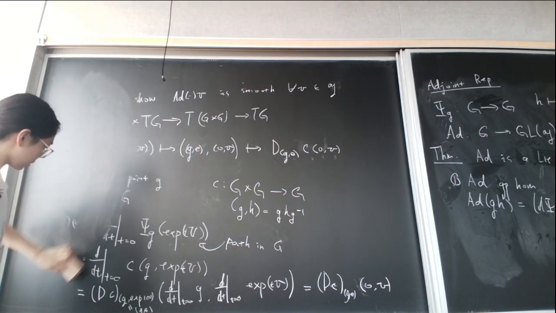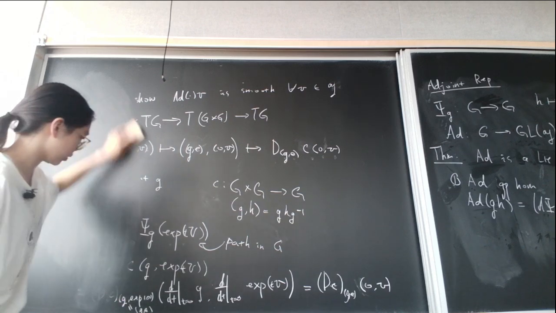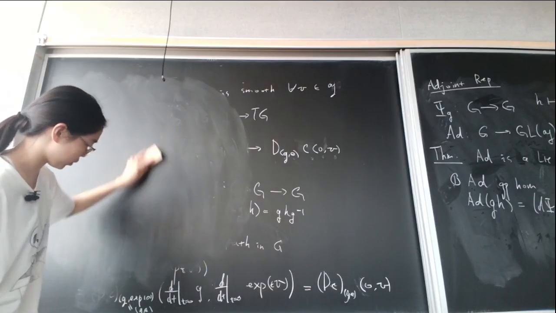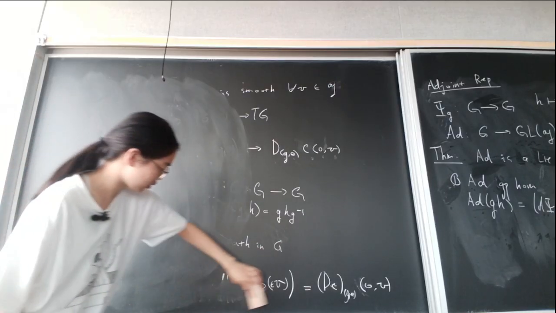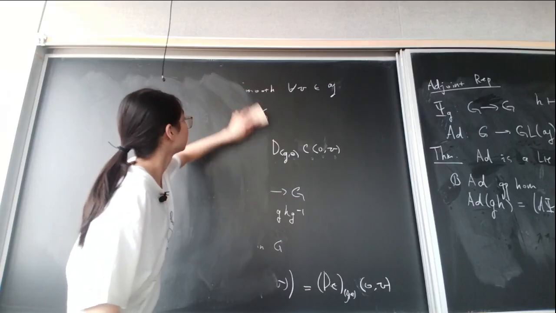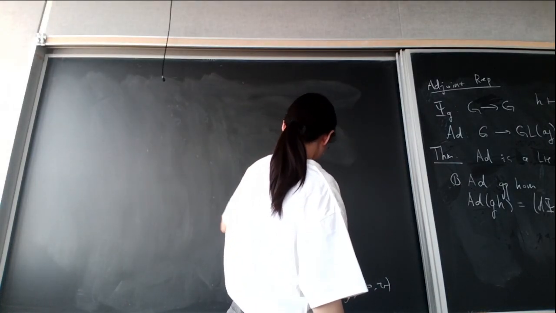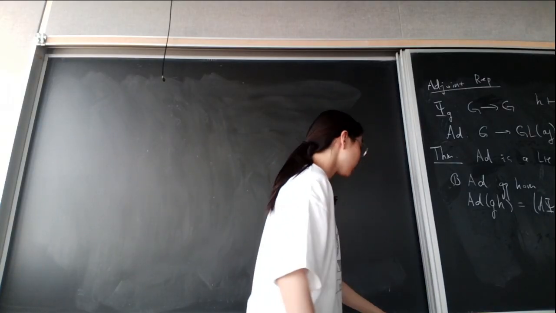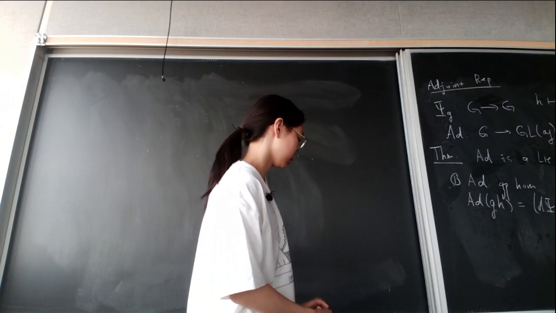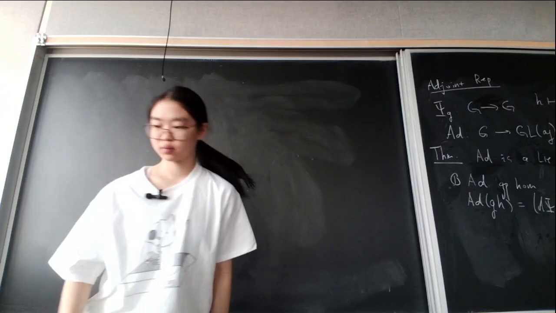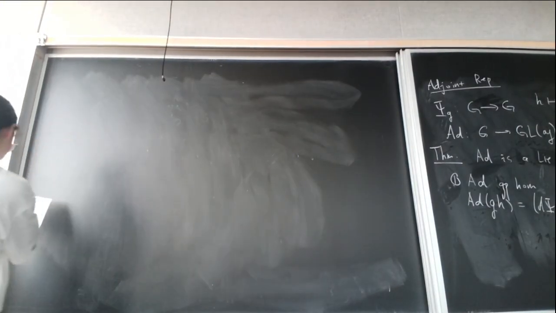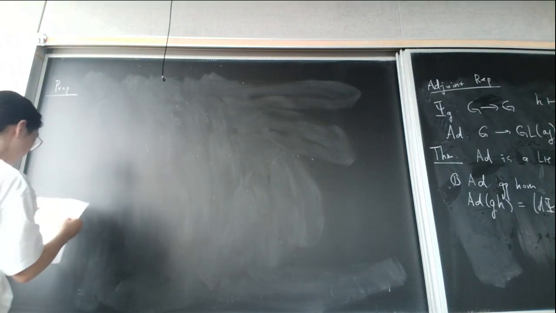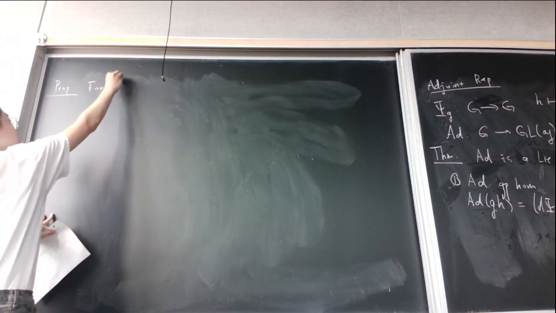And now we're going to compute it for a special case, which is where the Lie group is just matrices, linear groups.